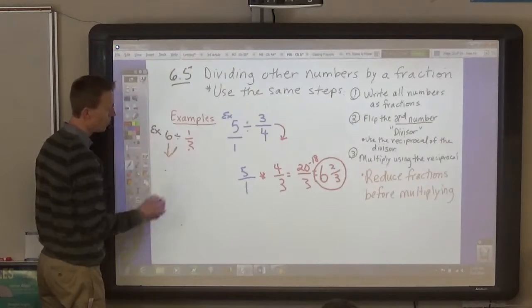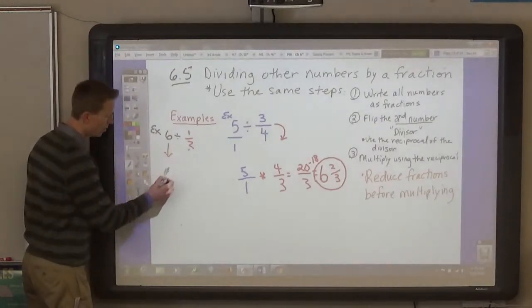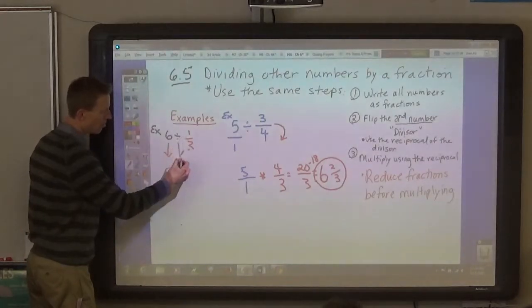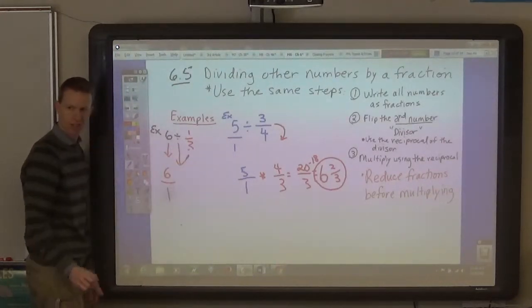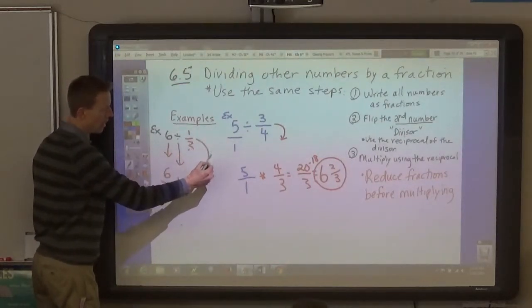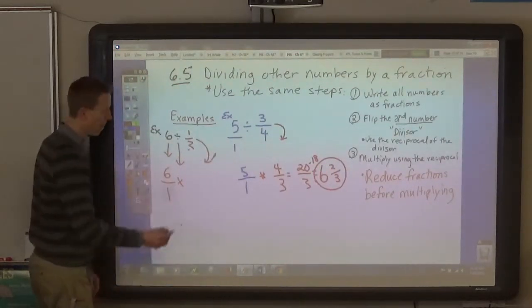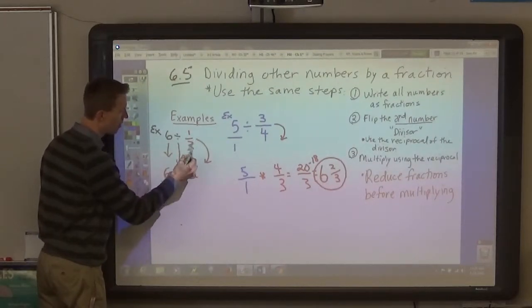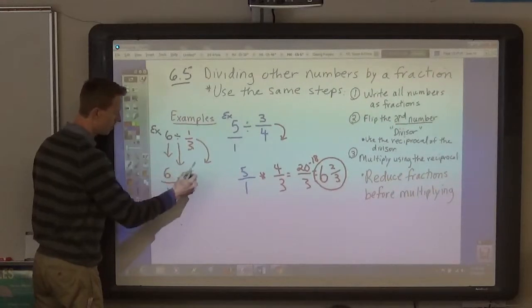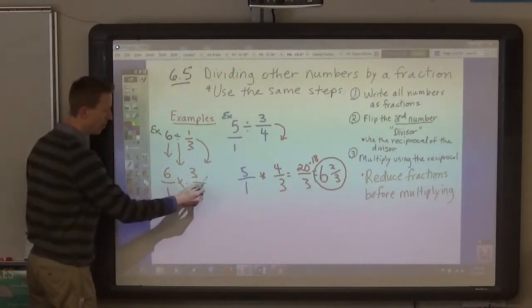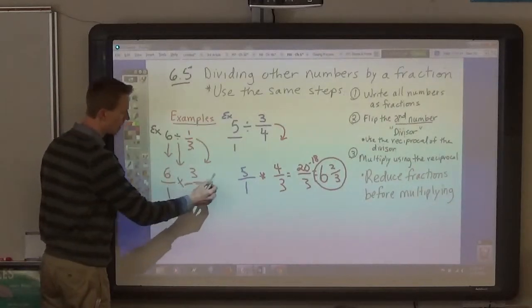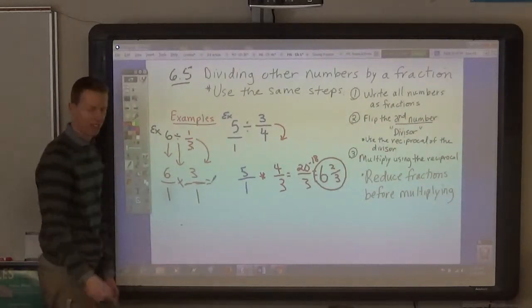Change 6 to 6 over 1. Change division to multiplication. Change 1/3 to 3 over 1. Can we reduce? Nope, so we just multiply. 6 times 3. Very good.